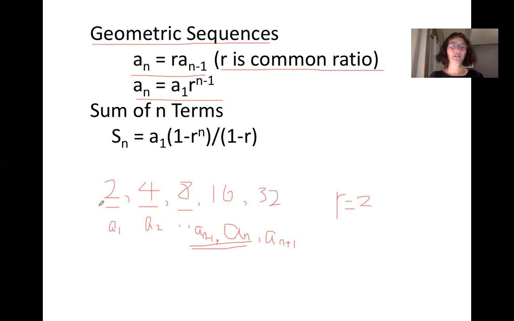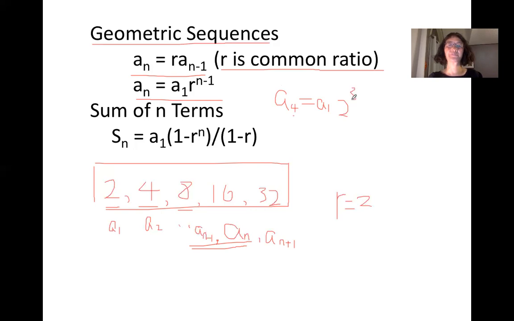For example, in this example, if I ask you, what is A4? You use this formula: A4 equals A1 multiplied by r, r is 2, raised to the power n minus 1, n is 4, so 3. And A1 is 2, so 2 multiplied by 2 raised to the power 3, and that is 16. A4 is here.